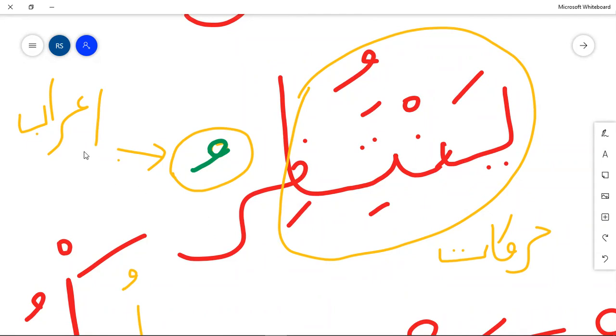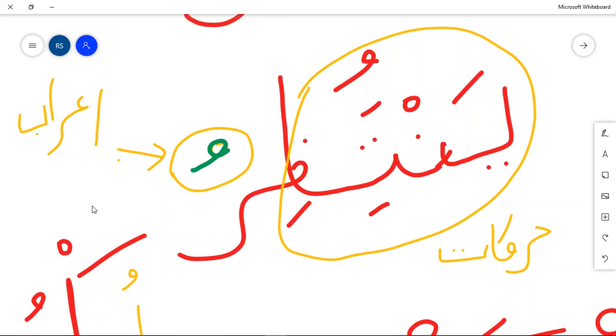So the three types of I'rab are Marfu, Mansoob and Majroor. What are the three types of I'rab? Marfu, majroor and mansub.